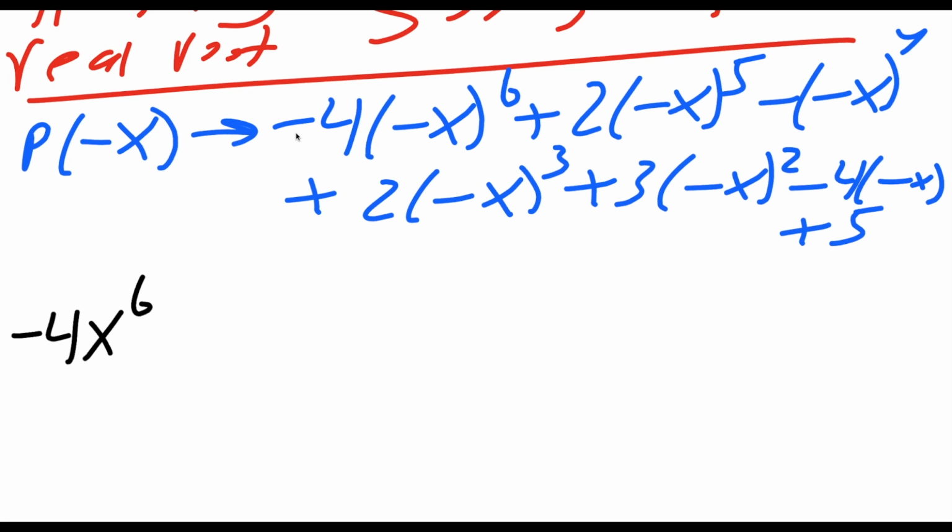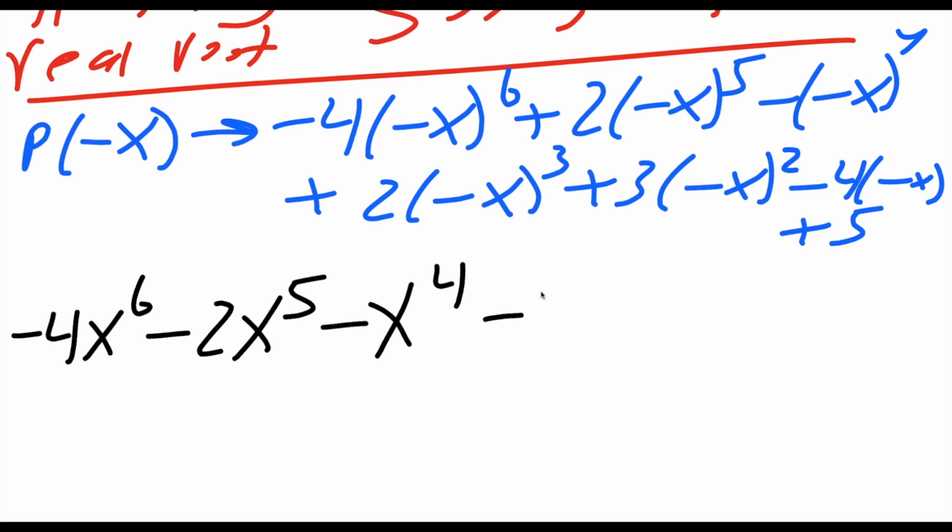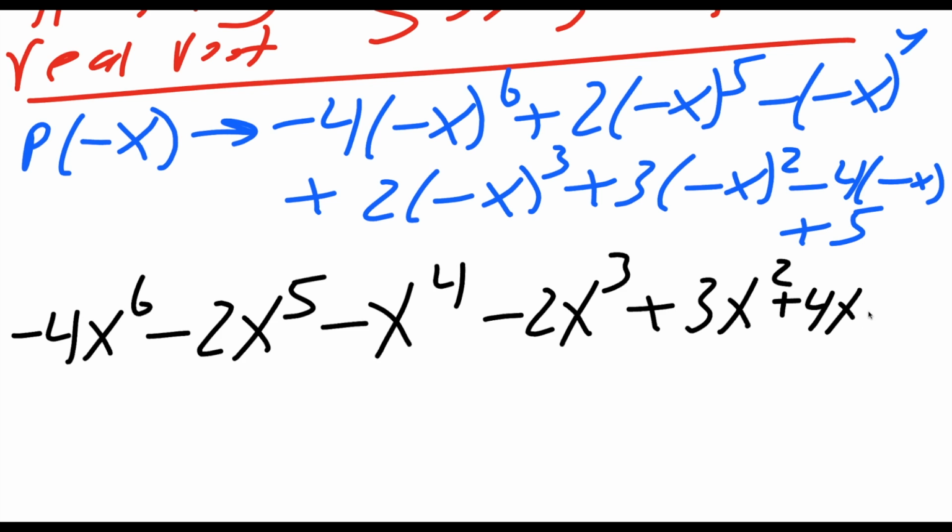This negative in front was already in front, so it stays. Negative x raised to 5 is odd, so this is going to become a negative 2x to the 5th. A negative x to the 4th becomes positive, but you have a negative in front, so it becomes negative x to the 4th. A negative x cubed is odd, so you'll get a negative 2x cubed. Negative x squared is even, so you'll get a positive, and this is already positive, so it will remain positive. Negative 4 times a negative x is going to be positive 4x, and we have a positive 5.